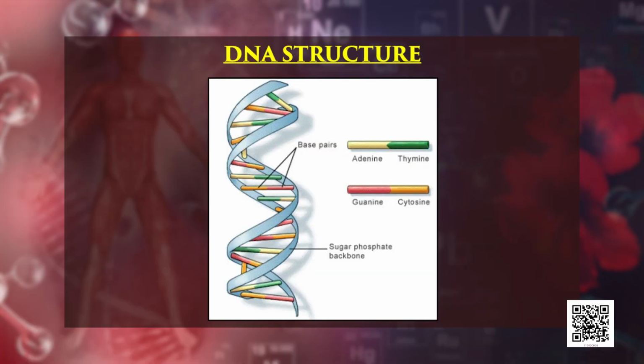Can you tell me the name of the bond which joins the nitrogenous base with pentose deoxyribose sugar? Yes, it is the glycosidic bond. As you can see on the screen, a DNA molecule has 2 unbranched complementary strands which are coiled around a common axis like a spiral staircase with base pairs forming steps, while the backbone of the 2 strands, which is made up of sugar phosphate, forms railings.